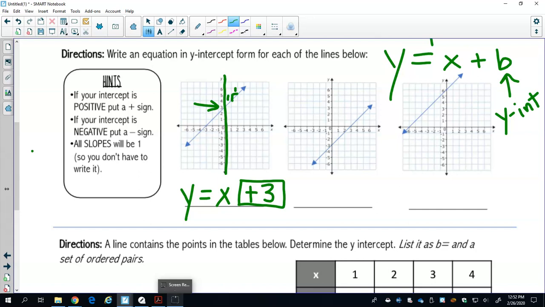All right, try the next one. Y equals x, and then you're going to figure out whether it's plus or minus. I'll just put a plus or minus, and then what the number is. So you're going to figure it out. Look at the graph. Look at where that line hits the y.